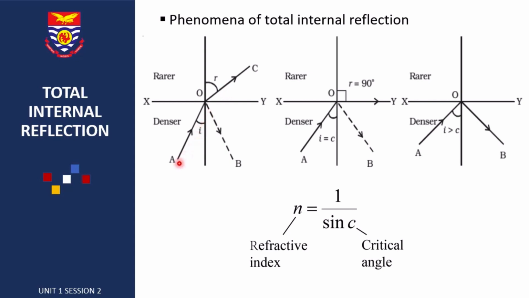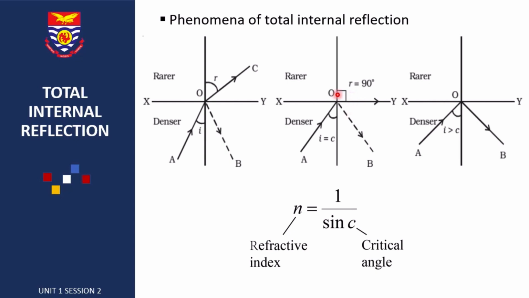But in case we're able to move this particular angle to increase a little bit, let's move here. It's moved a little bit. Because we've moved it a little bit, this ray right now becomes straight on the Y axis. And right now the angle of refraction becomes 90.